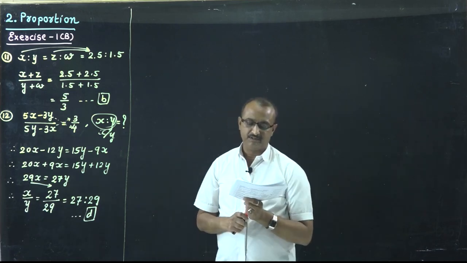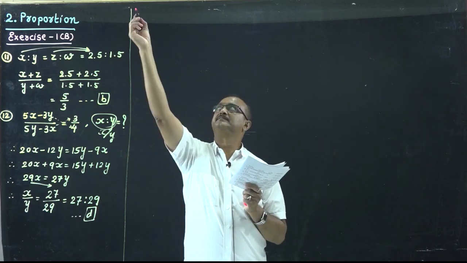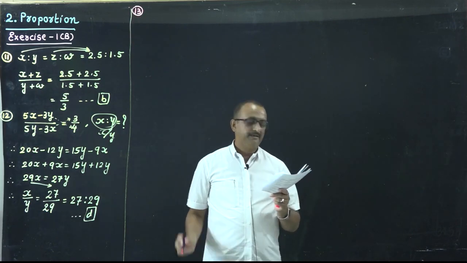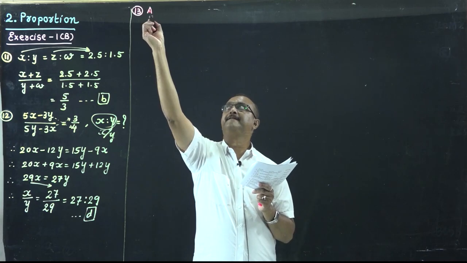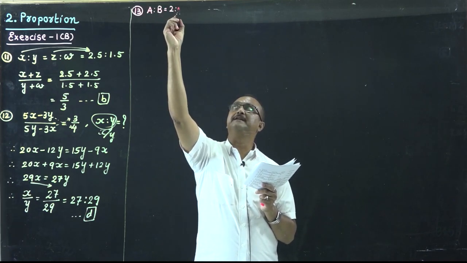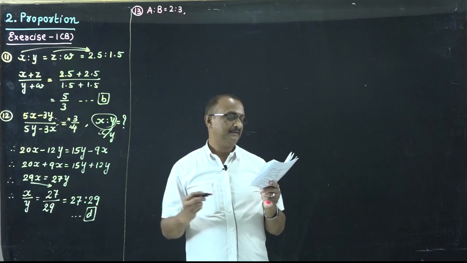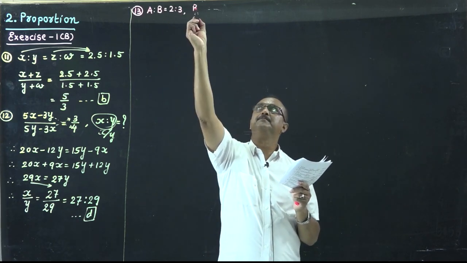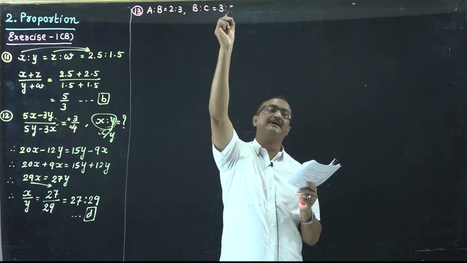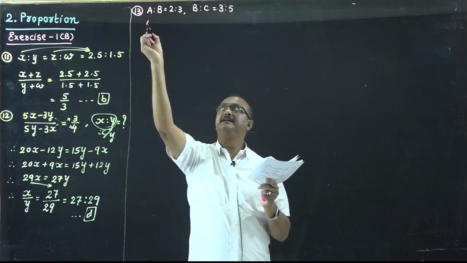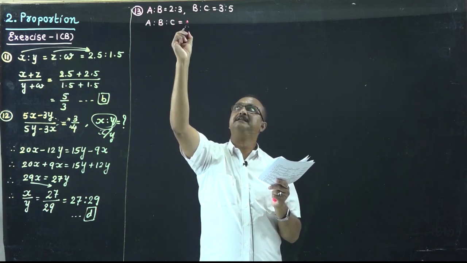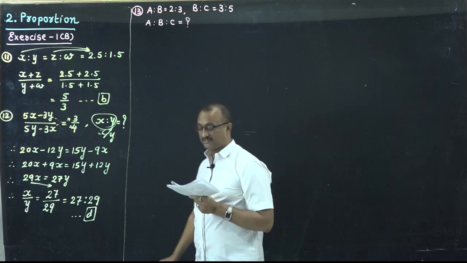Okay, number 13. Question number 13. If A is to B equals 2 is to 3 and B is to C is equal to 3:5, then A is to B is to C is equal to question mark.